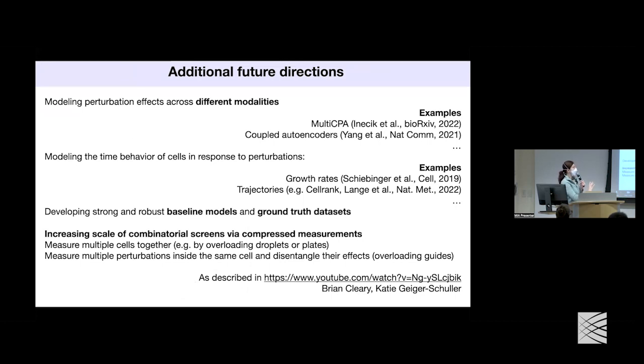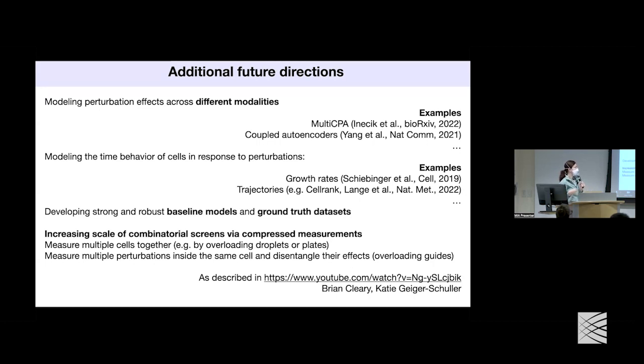And then there are additional future directions that might be of interest. One is not focusing just on gene expression, but looking at different modalities: chromatin accessibility, imaging, and so on. Taking into account the behavior of cells across time, so taking into account growth rates of cells and effects on fitness.